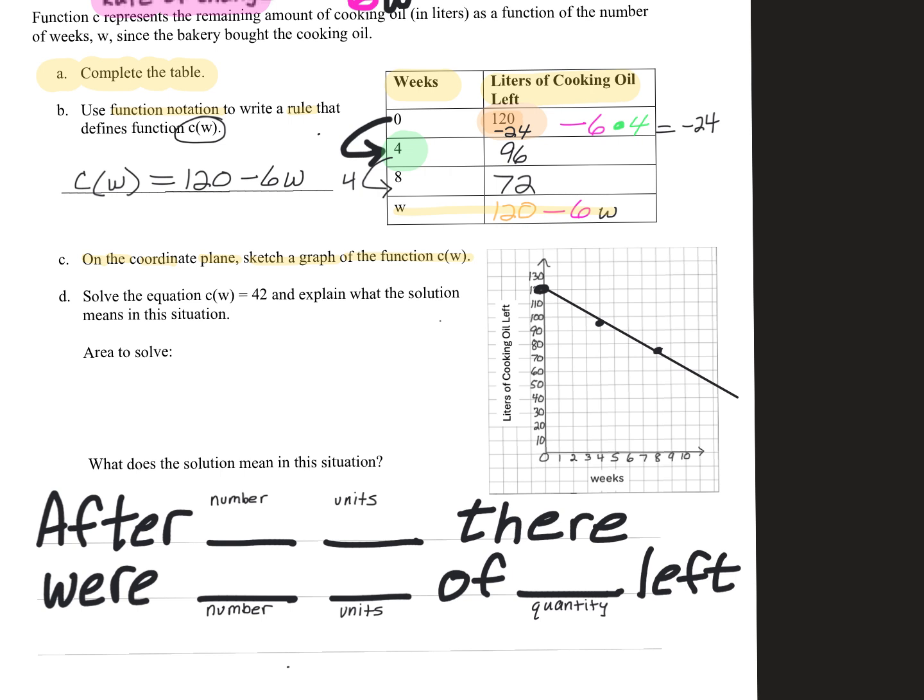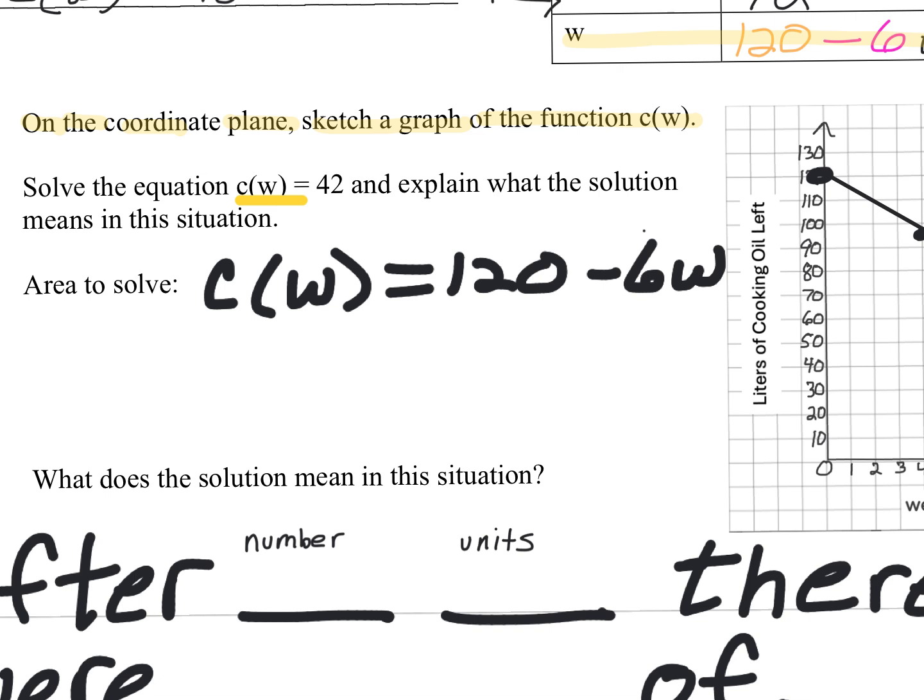Then it says solve the equation. So C of W. So we need to bring our function rule down here. So C of W. Then it says to solve for C of W equals 42.